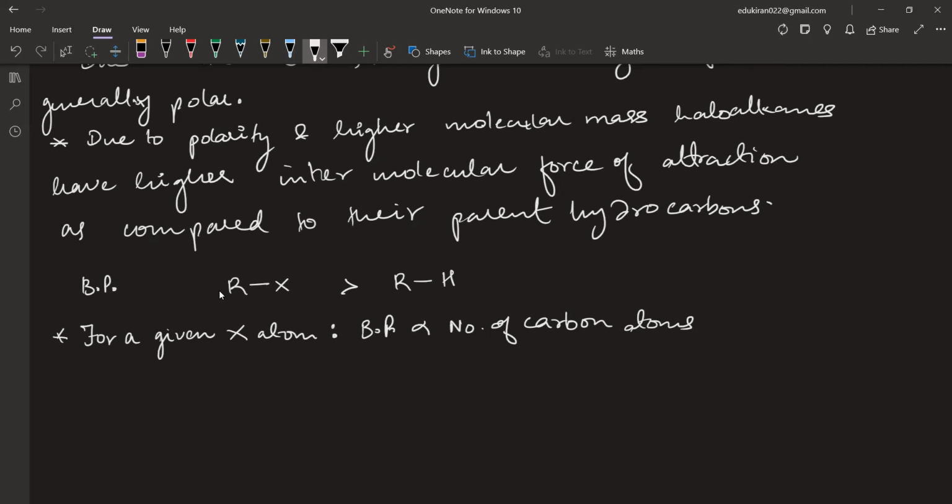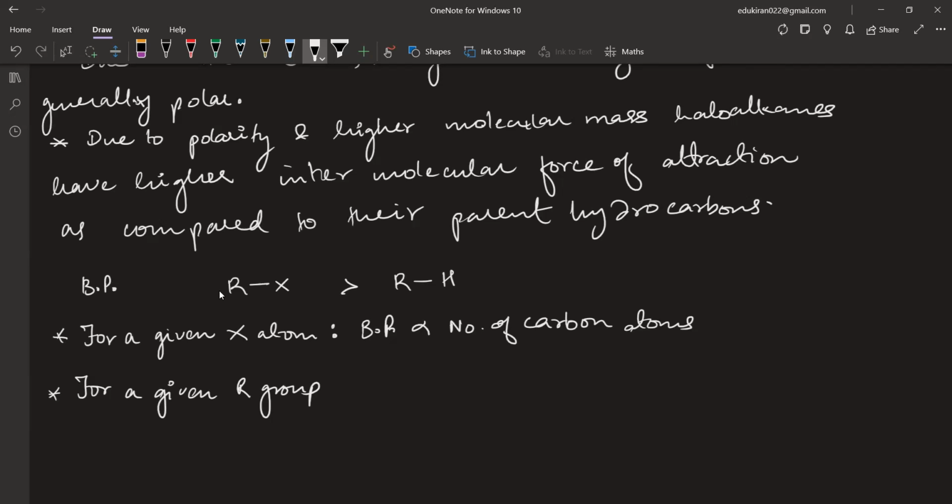Now, if I keep the alkyl group the same for a given R group, let's say we compare methyl fluoride, methyl chloride, methyl bromide, methyl iodide, or ethyl fluoride, ethyl chloride, ethyl bromide, only the halogen atom is changing.